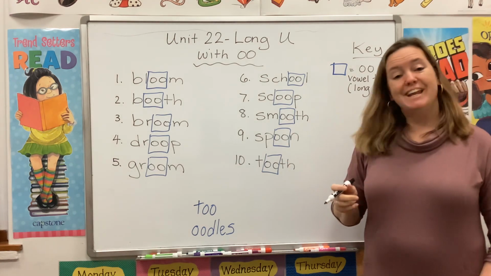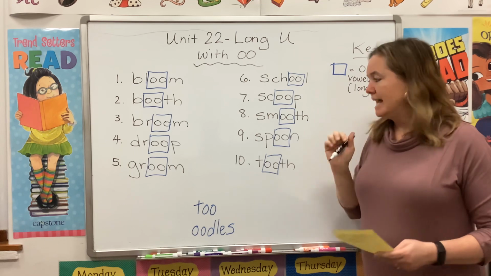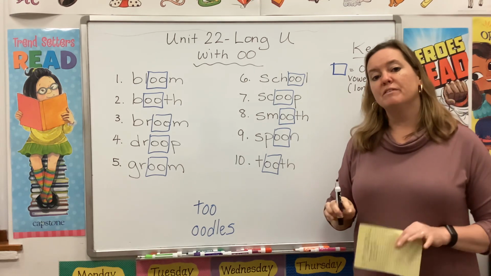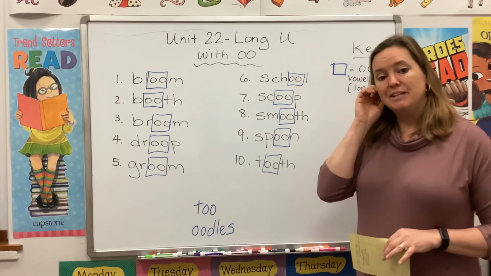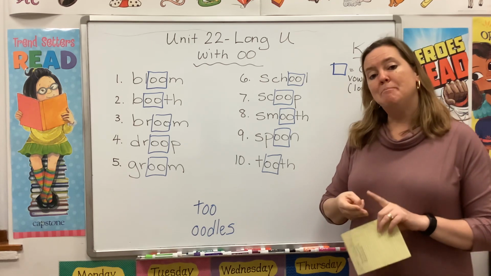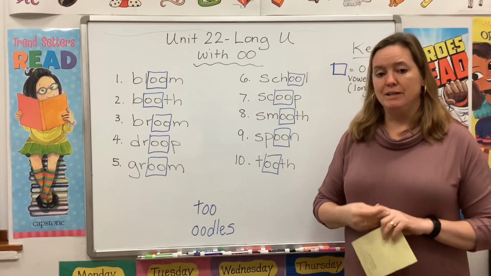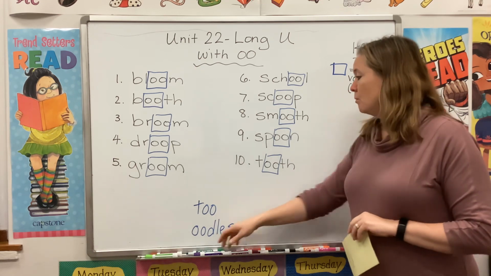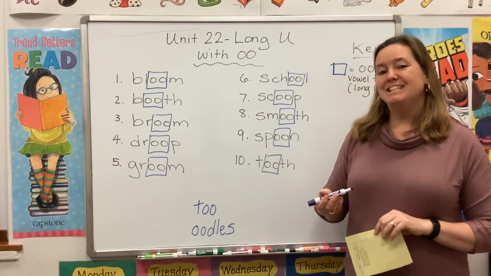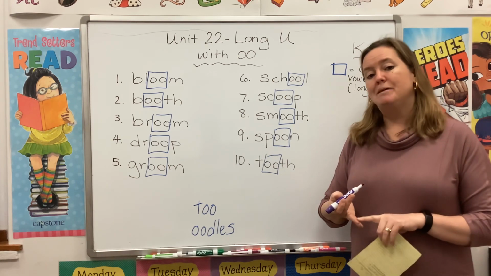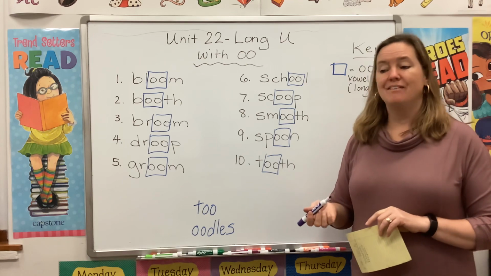Okay, what I would like to do next is spend just a few minutes reviewing our blends. I know we haven't talked about these in a while, but there are three main blends that we use in the English language. We have a lot of words that contain an L blend, which means they start with SL or PL or CL or FL.